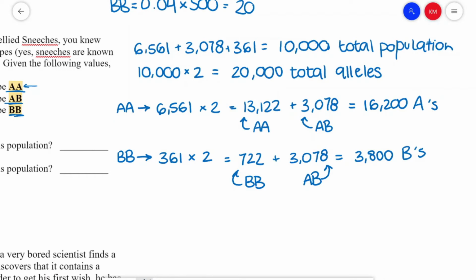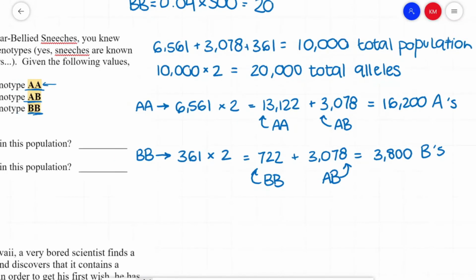Okay. So we found the total number of A's and the total number of B's in the population, but we're not done yet. In order to find the frequency of those, we now have to divide those numbers by the total number of alleles. Right? We're trying to find that percentage again.